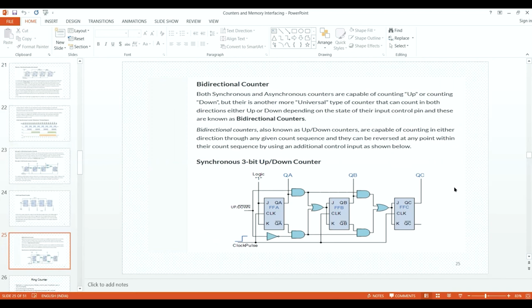The other name of bidirectional counter is universal counter, which can be used for counting up and down. They are capable of counting in a particular direction depending upon the sequence, and they can be reversed also. This is the beauty of a bidirectional counter having a different sequence.